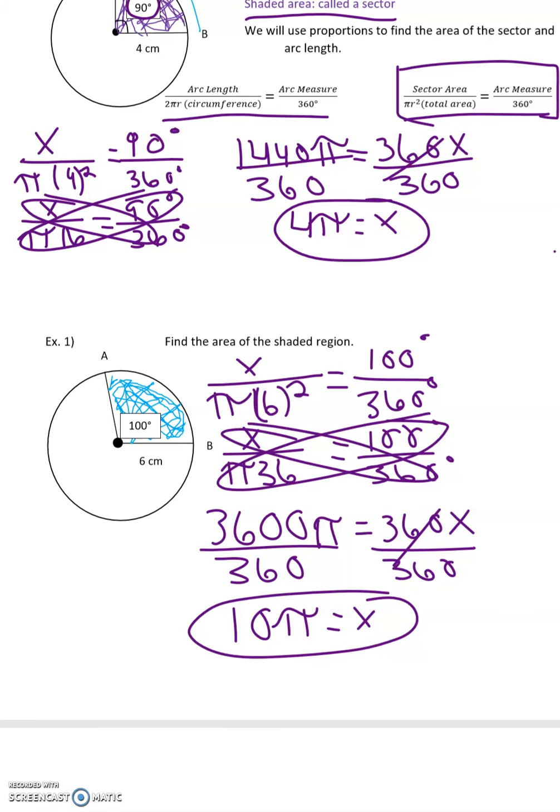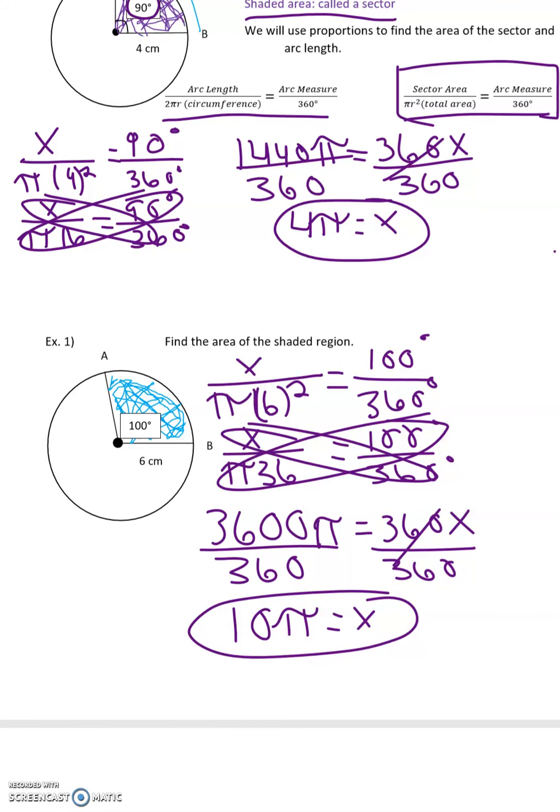So now we're going to find the length of the arc. This is a little different. We're going to use that other formula that we had up here. We're looking for arc length, so that is our x. And then we're putting that over our circumference, which is 2 pi r. Our radius in this case is 15. And then we're still doing the arc measure, which is 120 over 360.